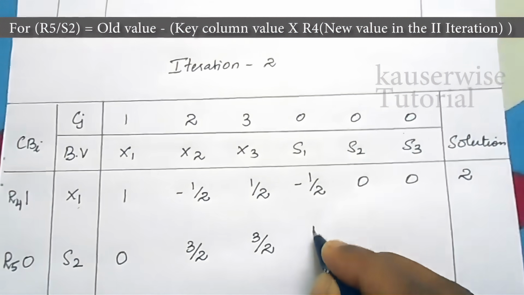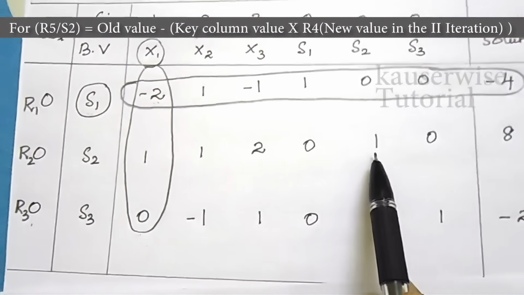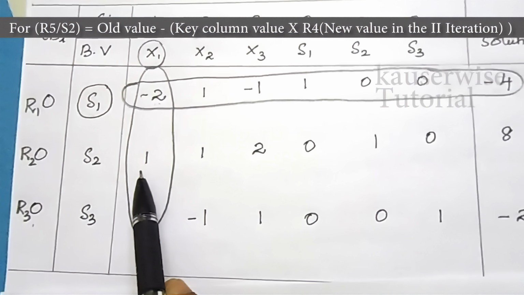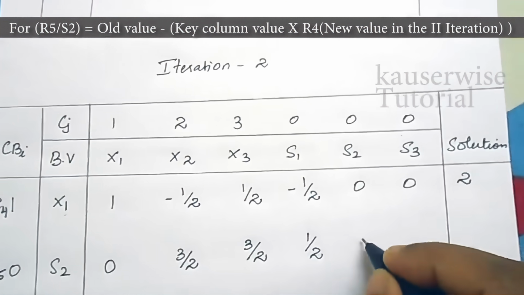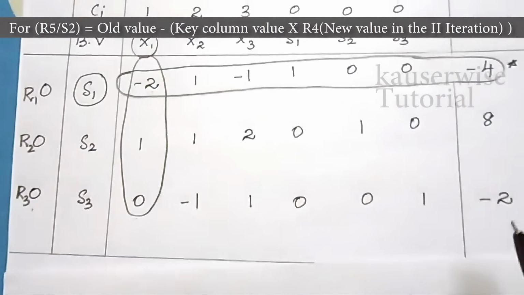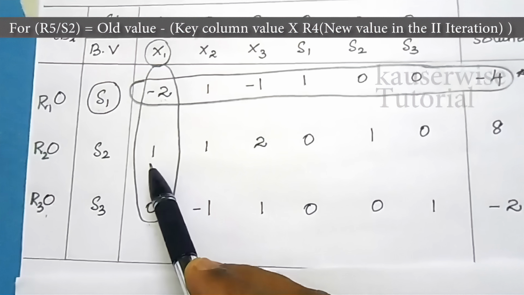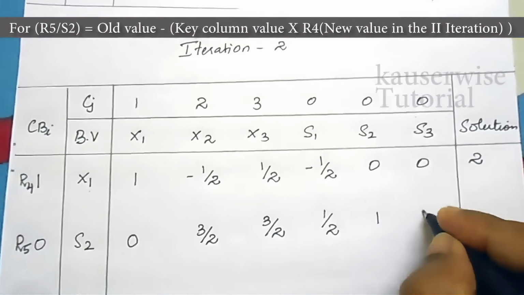The answer is 1 by 2. Next one, old value 1 minus corresponding column value is 1 into new value is 0. The answer is 1. For the next one, old value 0 minus key column value is 1 into new value is 0. The answer is 0.